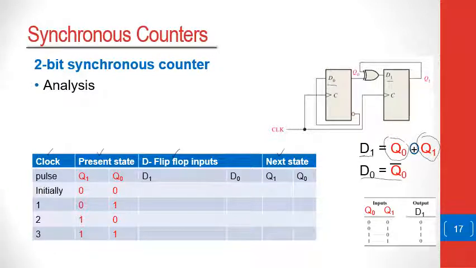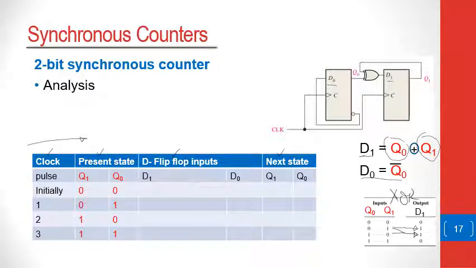The exclusive OR gate gives an output of 1 whenever the two inputs are different from each other. In our analysis, we'll go from the left all the way to the right.